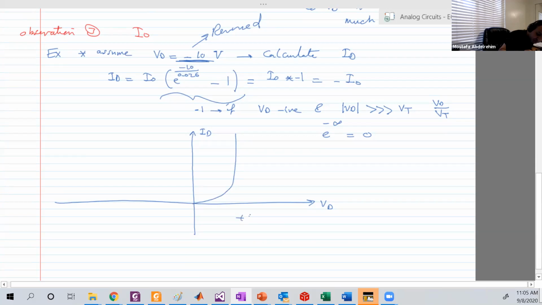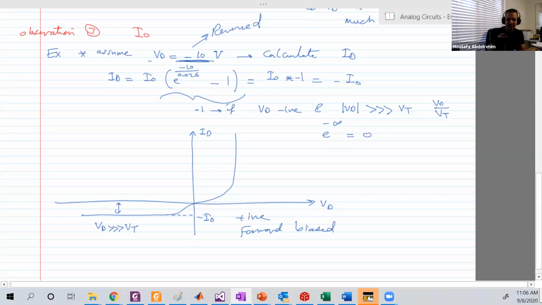Here is positive, so this is forward biased. And here in reverse, I am enlarging that width, although it's very small, just to make it noticeable for you. So in deep reverse, V_D is much, much larger in magnitude than V_T, and we have a current of minus I naught.